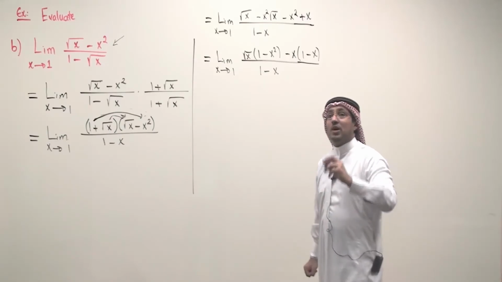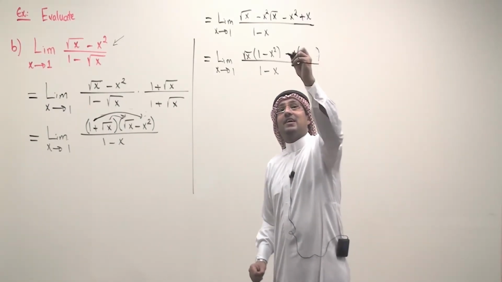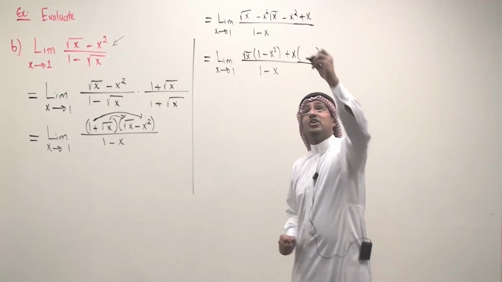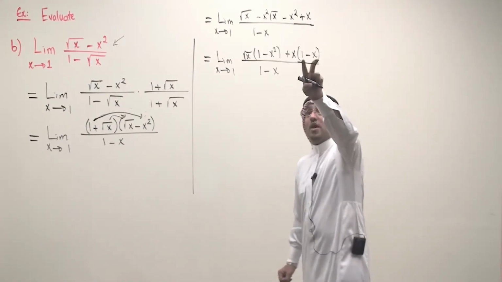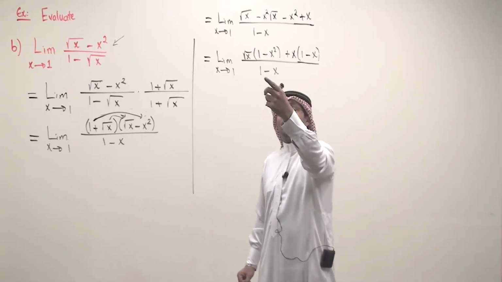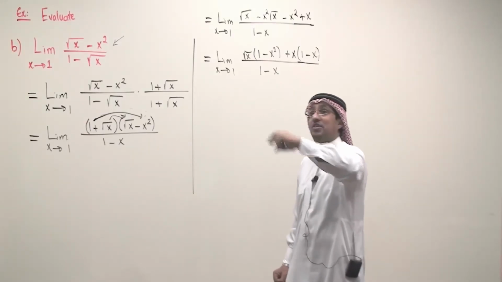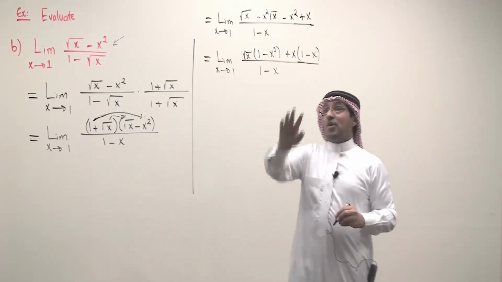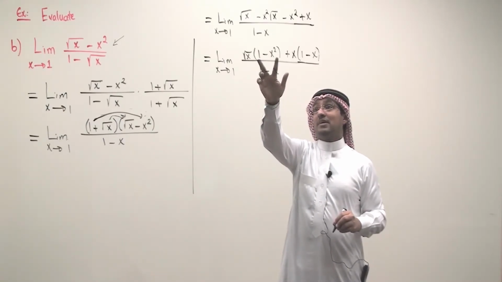If you take just plus x, it will be 1 minus x. I like to have 1 minus x in order to simplify it with the denominator. Now, I can simplify it with the denominator if I have 1 minus x in here.